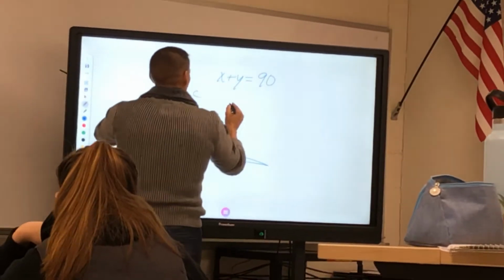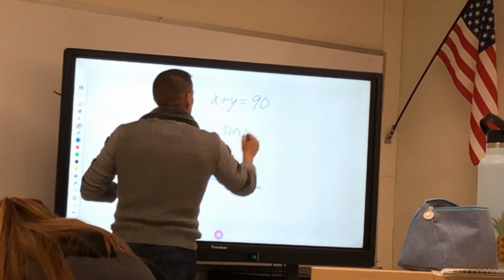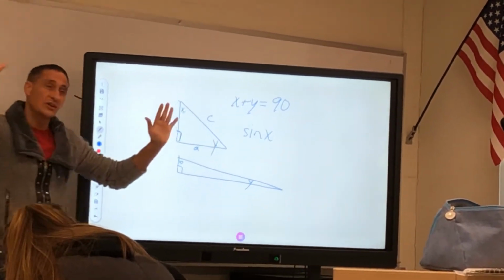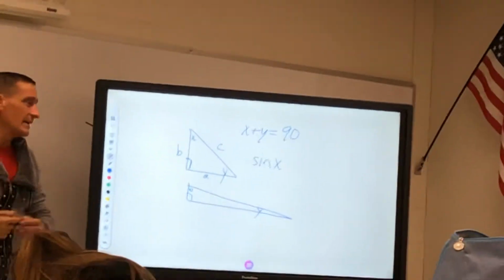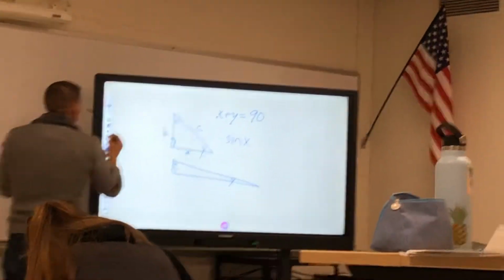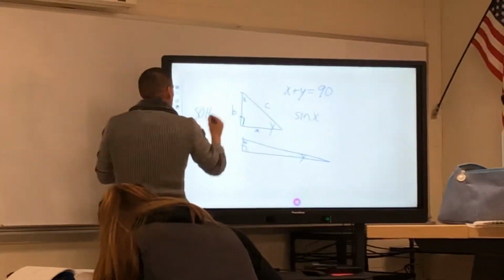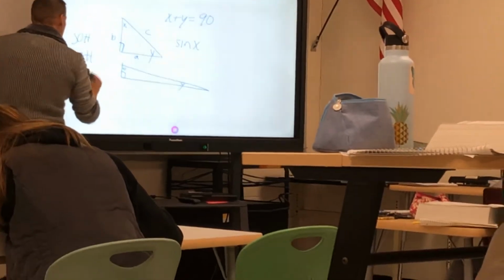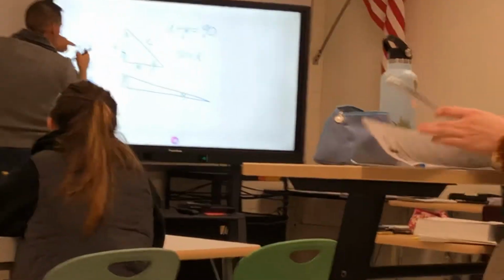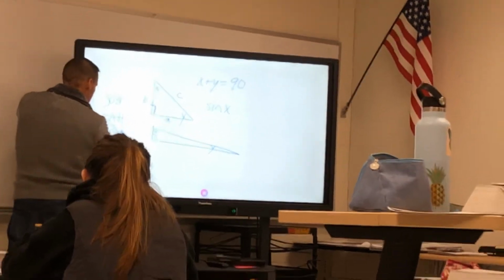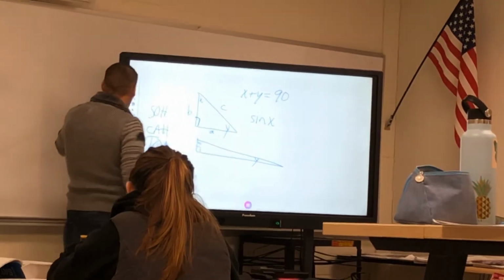So let's label these sides A, B, and C. Let me ask you a question. What is the sine of X? SOHCAHTOA. If we don't know SOHCAHTOA, you have to go back and memorize it. If you're having trouble remembering, sine is opposite over hypotenuse, cosine is adjacent over hypotenuse, and tangent is opposite over adjacent.